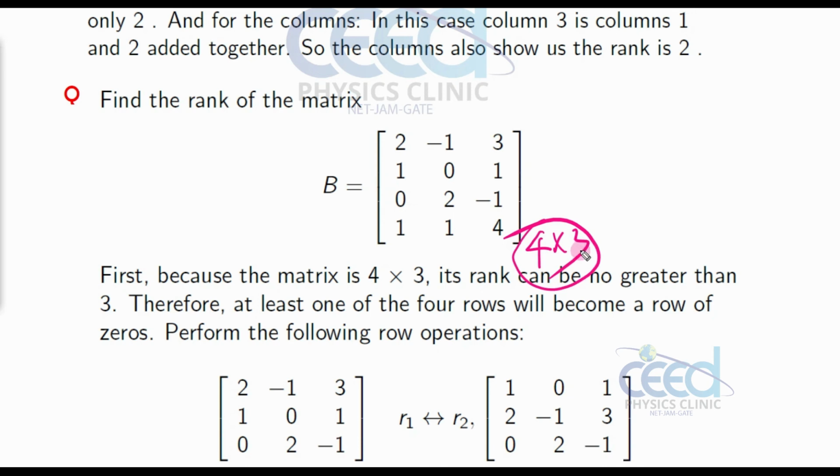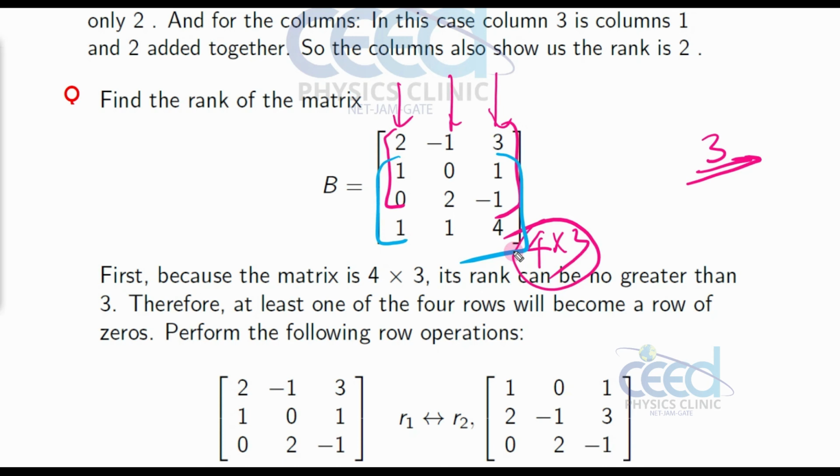The number of columns is smallest, we have only 3 columns. So the maximum rank I can take is 3. Now I have to check any 3 by 3 submatrix. I can create two options. This is one 3 by 3 matrix; if its determinant is 0, I can take another 3 by 3 matrix like this. If any one of these 3 by 3 matrices has a determinant not equal to 0, then I can say its rank is 3.